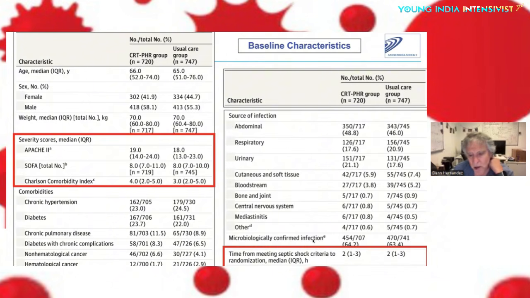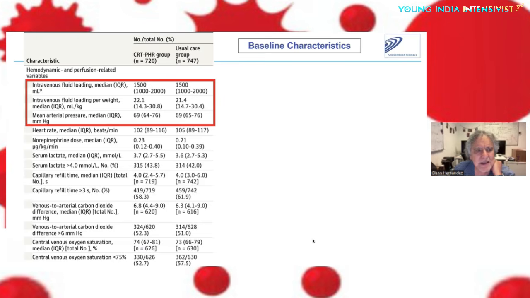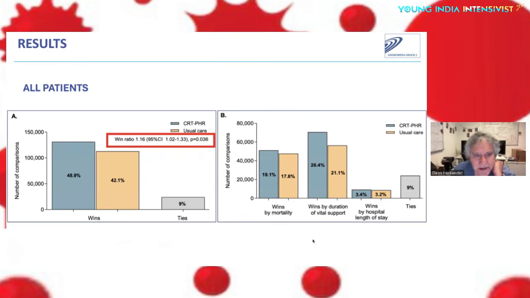They were recruited 2 hours after meeting septic shock criteria, the Sepsis-3. They had received identical fluid loading before the study, identical MAP, identical lactate, capillary refill time, etc. And we used a hierarchical composite outcome that included mortality, duration of organ support, which are the 2 most important outcome variables in critical care in the ICU during resuscitation: mortality and duration of organ support.